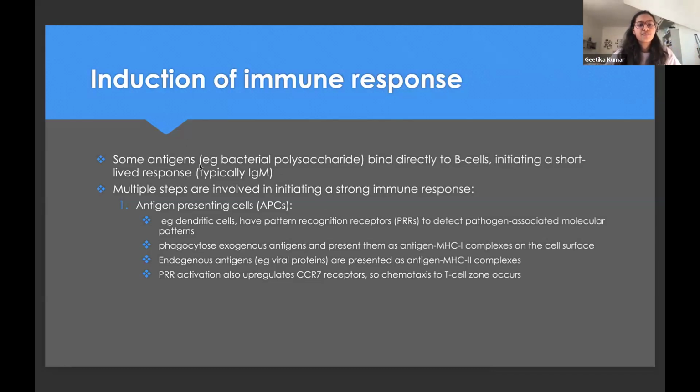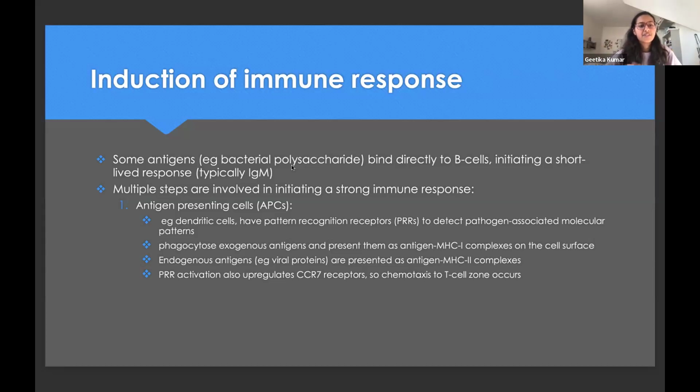Not all antigens can initiate that, but one important one that comes up is bacterial polysaccharides, like LPS, that can initiate an IgM response quite quickly through directly binding to the B cell receptors and stimulating IgM. But as I said, the stronger immune response is a multi-step process and it involves multiple different immune cell types.